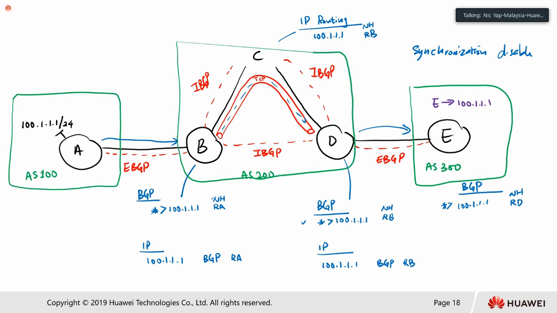This is my AS200. So I'm going to have this information in my BGP as well.